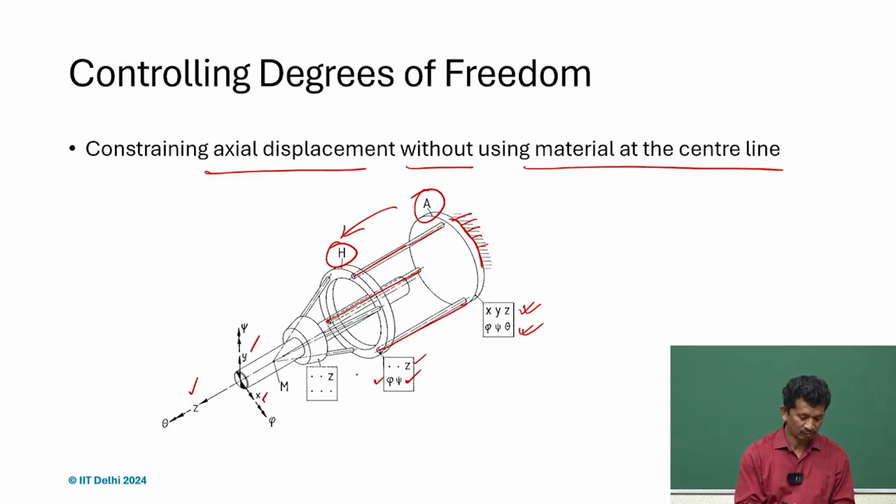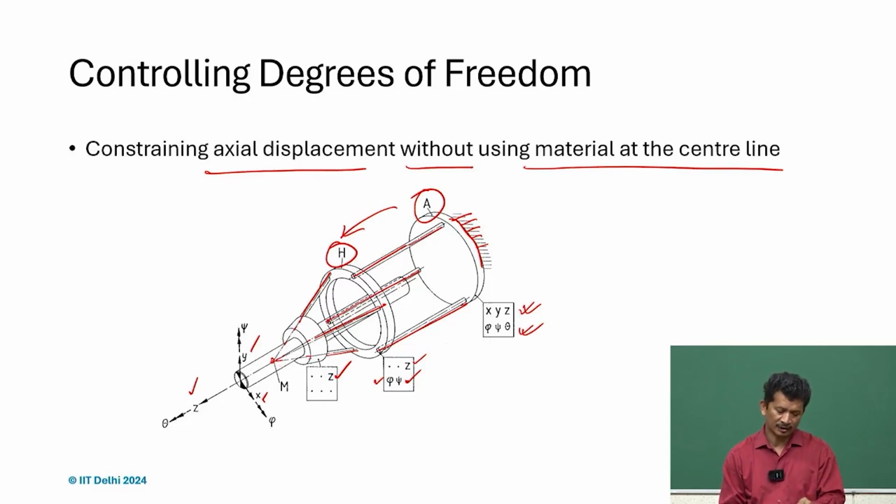Now if you go to the next stage and use another 3, but this time inclined, and if you extend them they will meet at this point M. What happened in this case with respect to H? It only constrains the z direction. At this point, it can have those rotations.